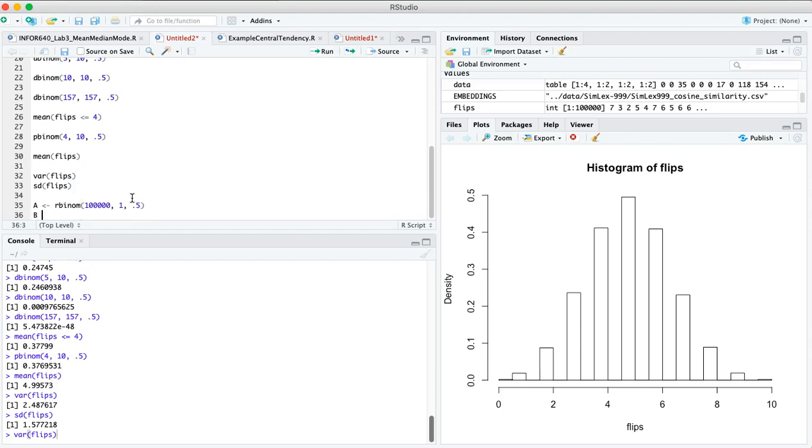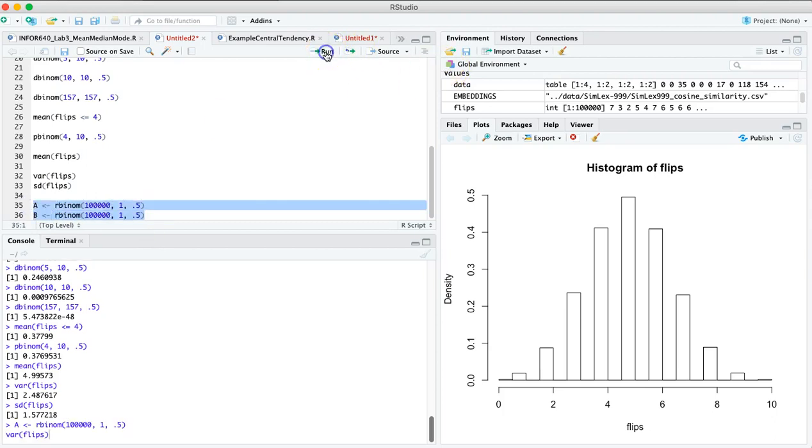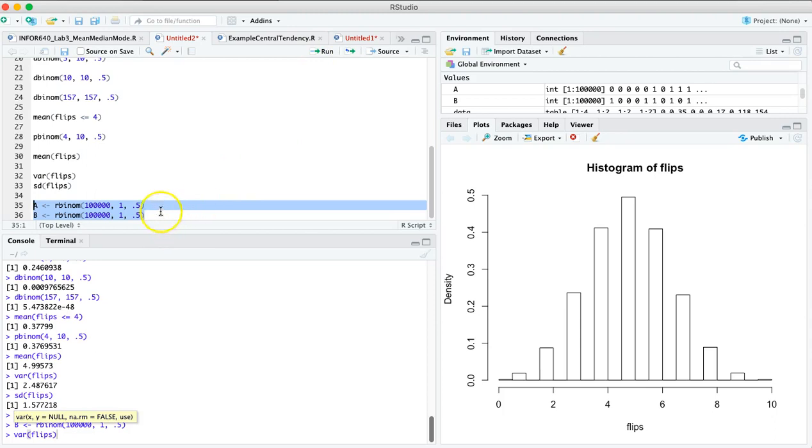We'll do the same with B. We will assign it to an experiment of our binom with 100,000 coins that are each flipped one time and that are fair. They have an equal probability. Okay, so if we run these two lines of code, we will run our two experiments. Go ahead and run that there.